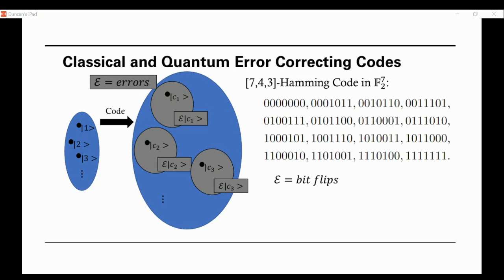And sure, this works great. You can see that 3 there is the distance. You need 3 bit flips to get from one of these words to another. But the problem is that in quantum computing, there are lots of different errors to consider, right? We're not just worried about flips, we're also worried about phase errors and everything else that goes along with that.